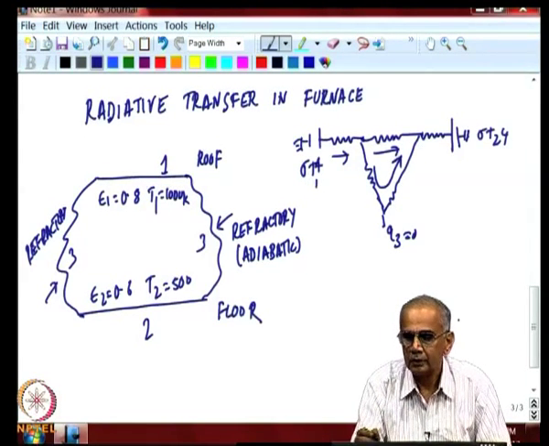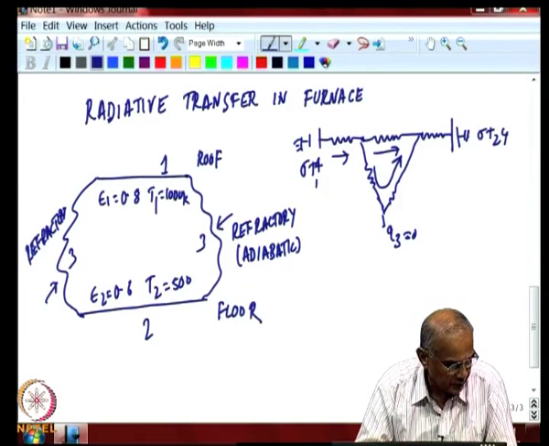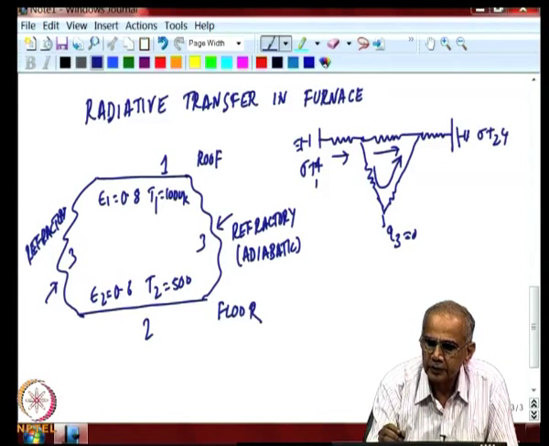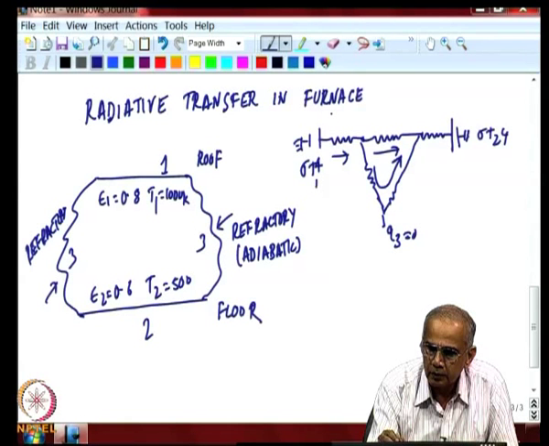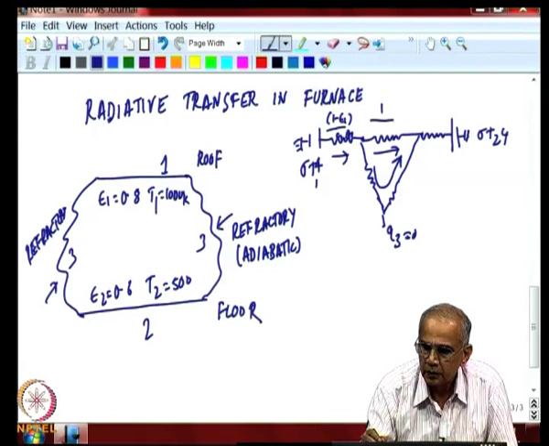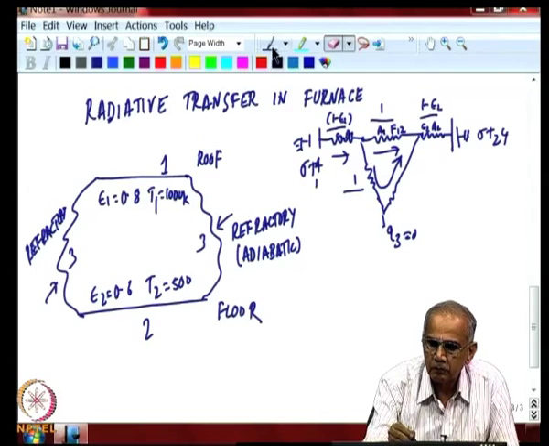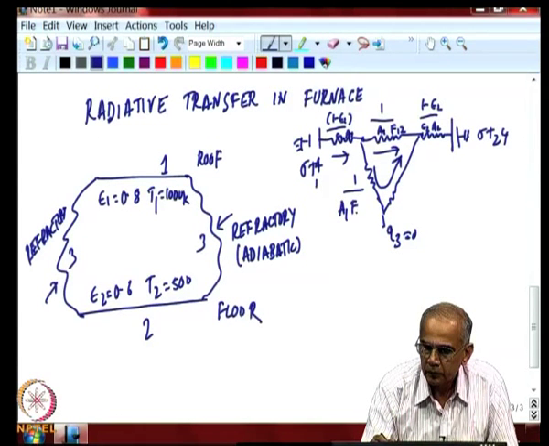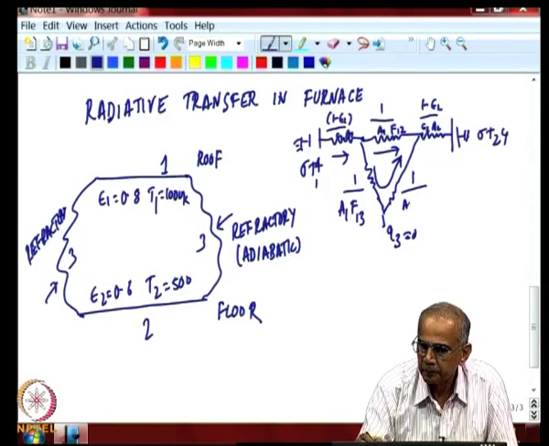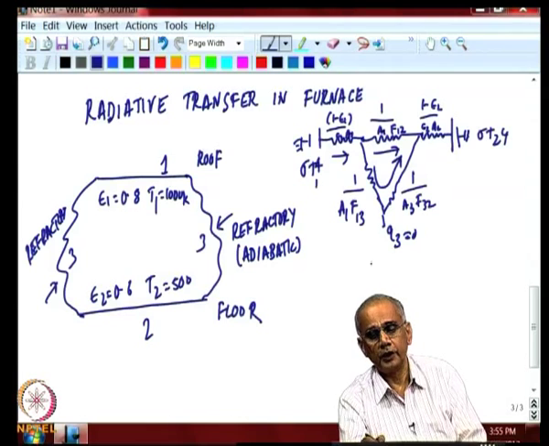So, it is nothing but a simple series parallel circuit, which all of you have seen in electrical engineering, and this is the surface resistance, geometric resistance. What is happening here is not relevant because no heat is flowing through.